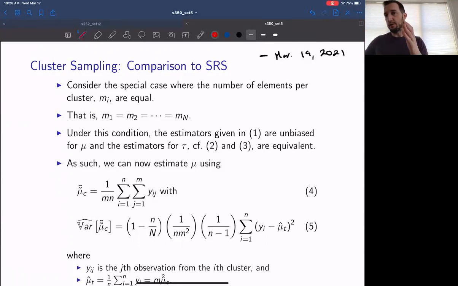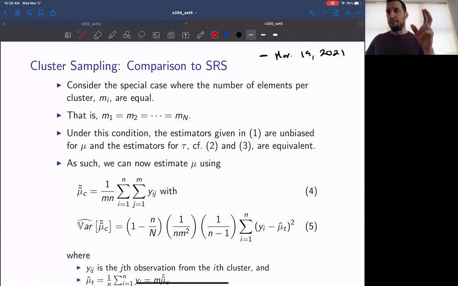But we have also established that cluster sampling is effectively just simple random sampling where you're changing the definition of the units. So what if we wanted to compare the two approaches? If we were in a situation where, for whatever reason, cost and complexity of the frames were going to be fairly similar, which approach is better?